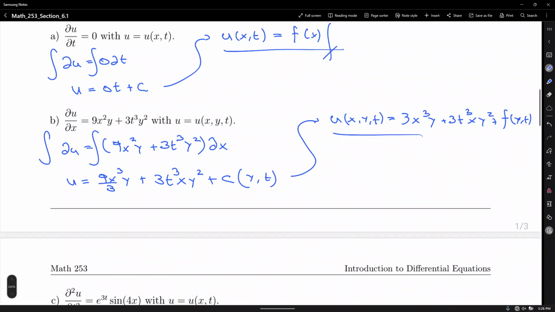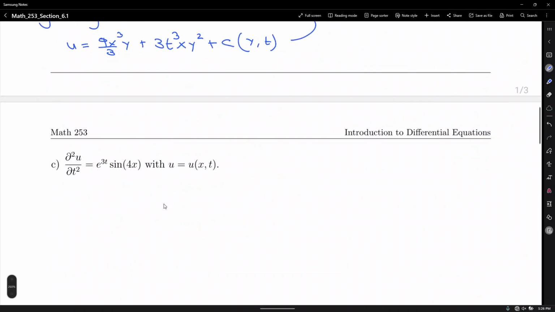Or if you want to keep the letter c, that's fine. It doesn't matter, as long as it represents a constant. So that's as far as first order PDEs.